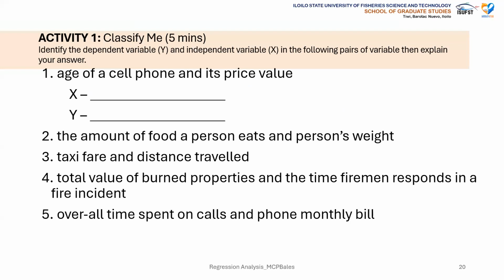So for example, okay, let's identify the dependent variable and the independent variable x in the following pairs of variables, then explain your answer. Okay, let's have number 1. Let's say age of a cell phone and its price value.